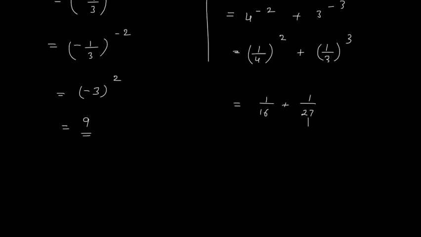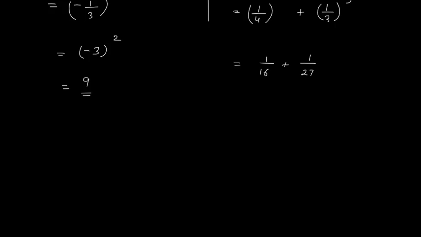But if you want to get one answer, so it is 27 plus 16 whole divided by 16 into 27. 27 plus 16, 7 plus 6, 13, 2 plus 1, 3, 43 divided by 16 into 27. So let us just check what is 27 into 16.